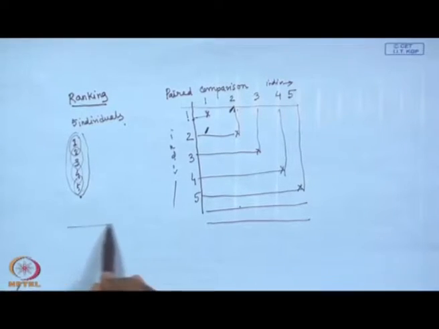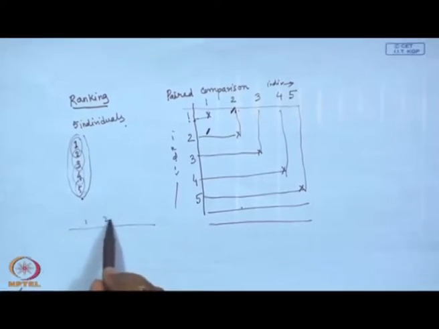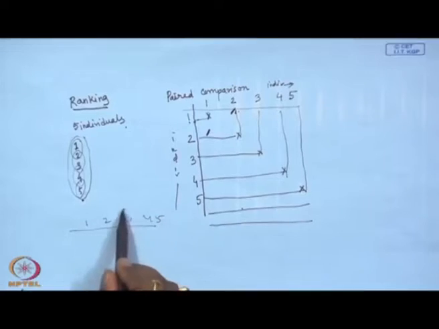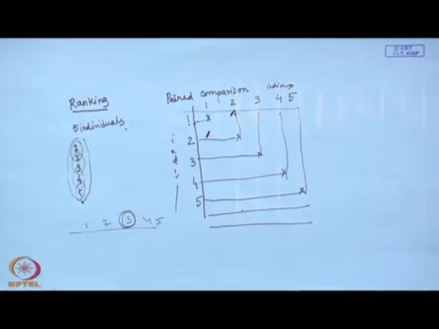Next, when you are talking of the next relative rating system, which is the forced distribution. In forced distribution, what happens? It forces the rater to make distinction about employees, because sometimes we give a Likert scale for choosing 1, 2, 3, 4, 5, where 3 is mainly the undecided category.